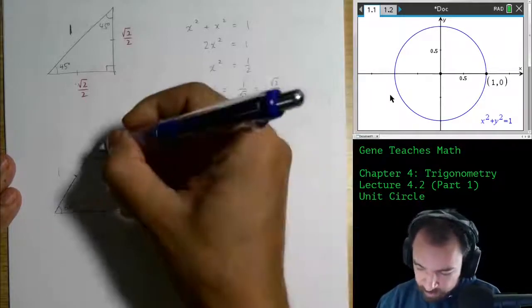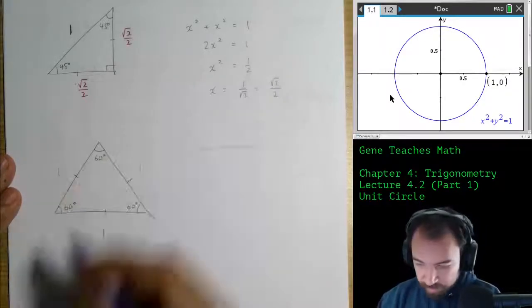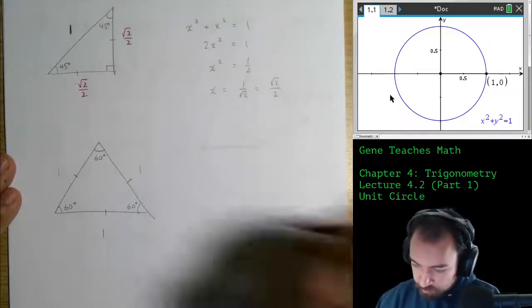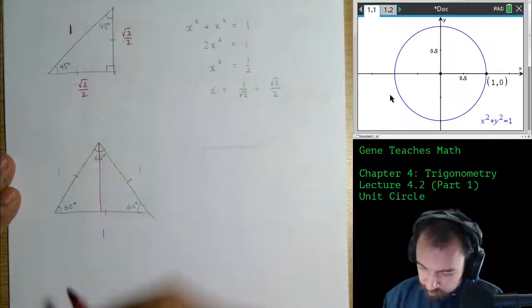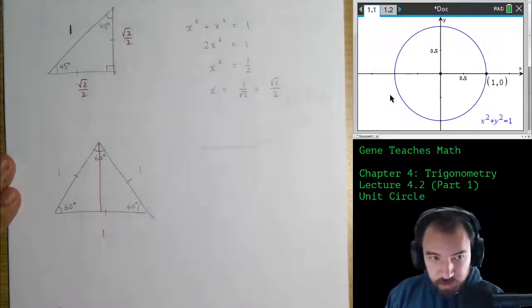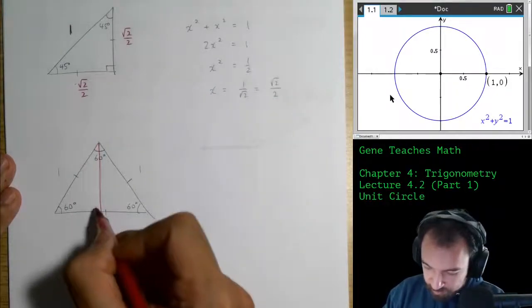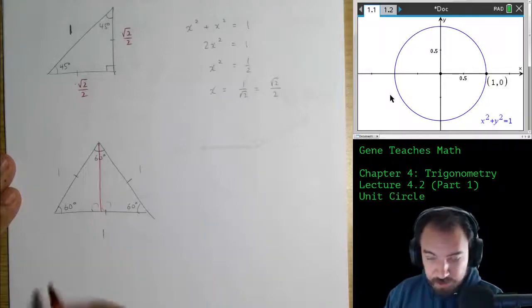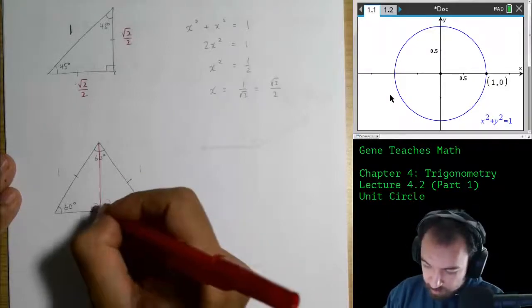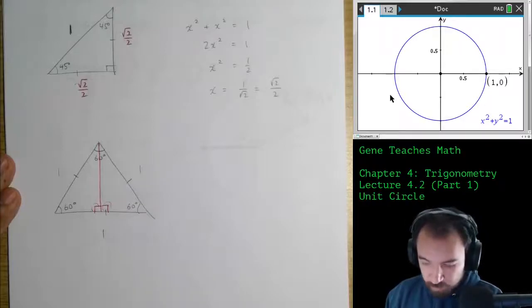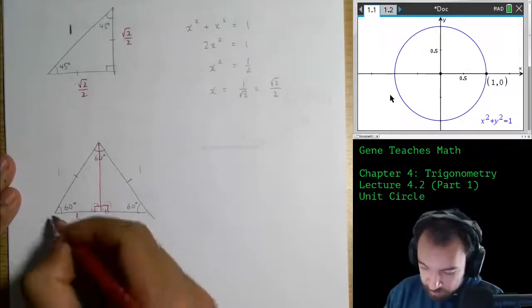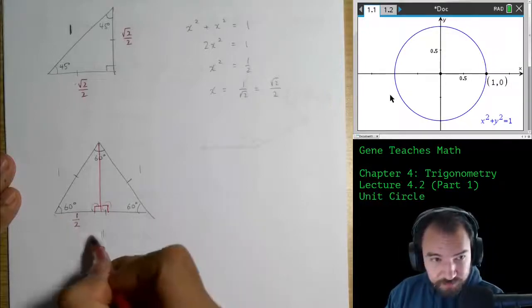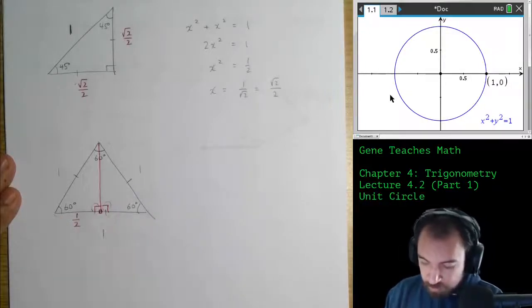And I'm going to take this angle at the top and bisect it, which will create 2 congruent triangles, which means this angle and this angle are congruent to each other, and they add up to 180 degrees, so they must each be 90 degrees. Furthermore, I understand that this side is a half because 2 congruent sides have to add up to 1. This ends up being the midpoint.